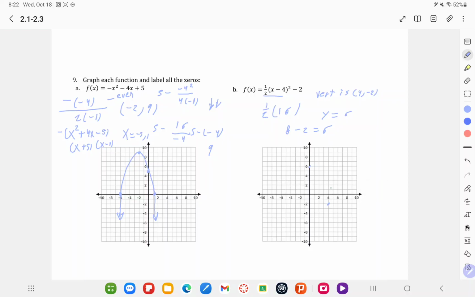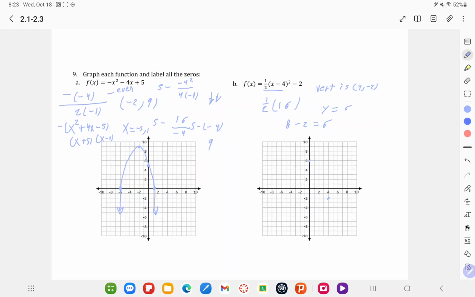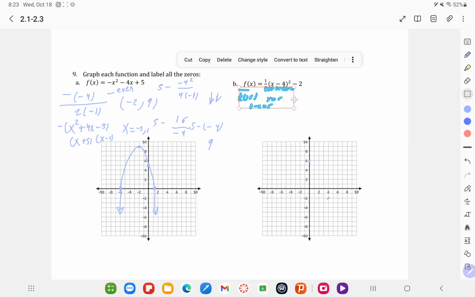We got it down here, right? And what we've got to do now is find the x-intercepts. Let's get it. Alright, I have understood how to find the x-intercepts. Let me move all of this way down here, and let's start solving.